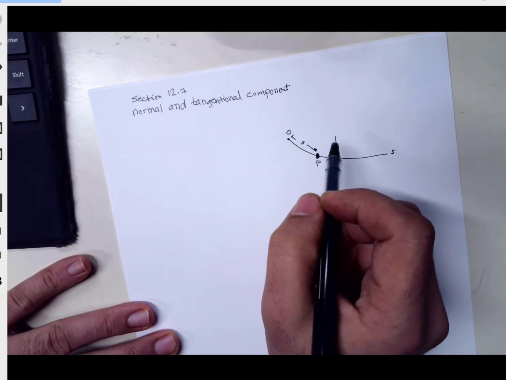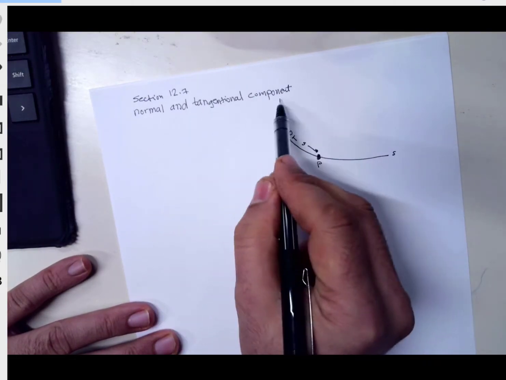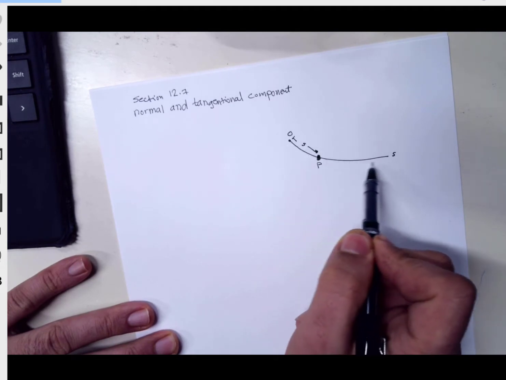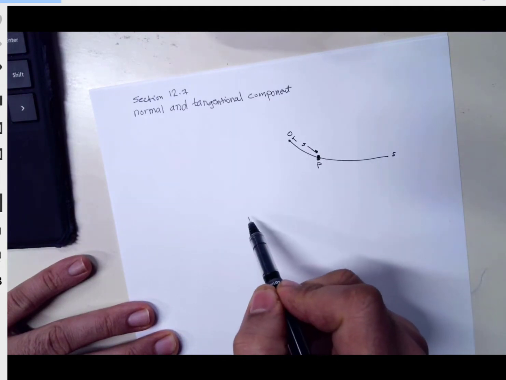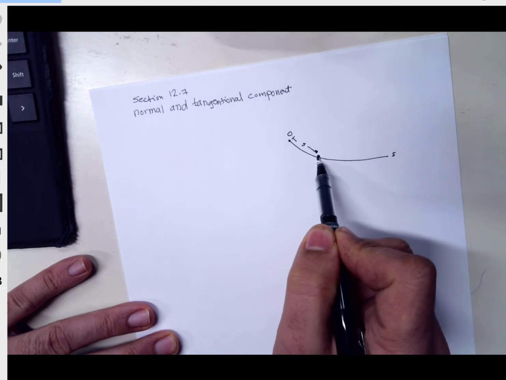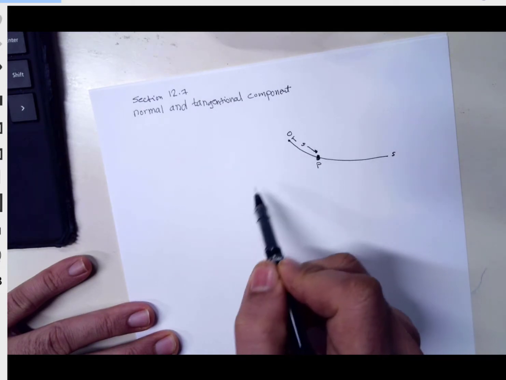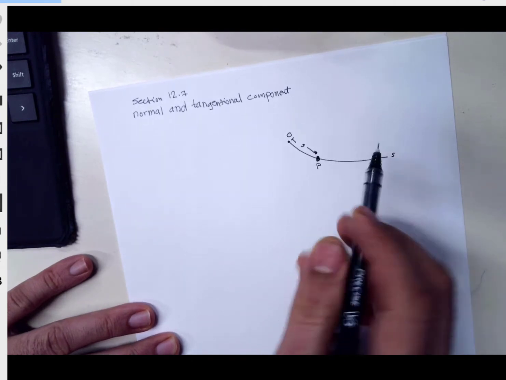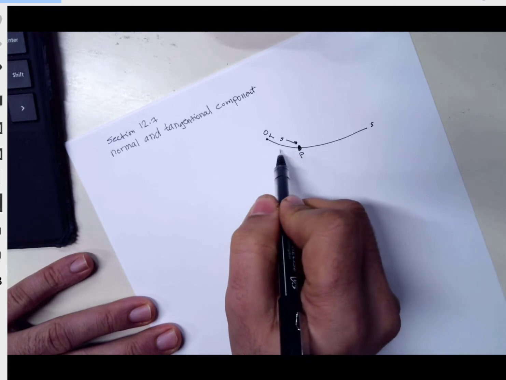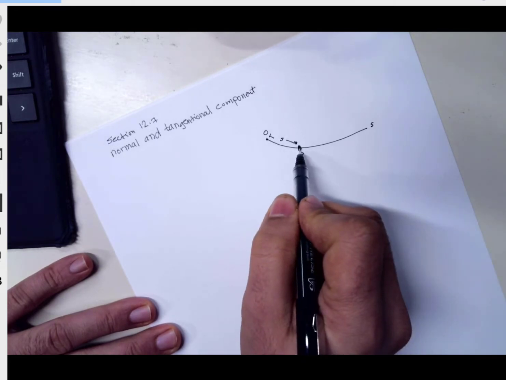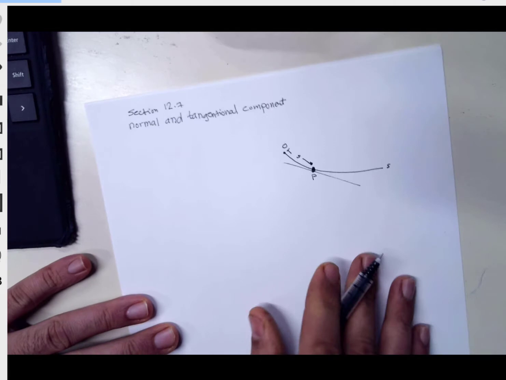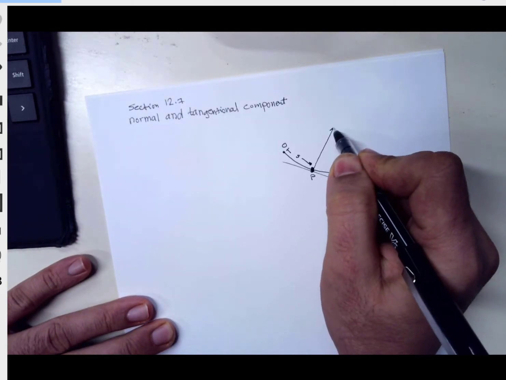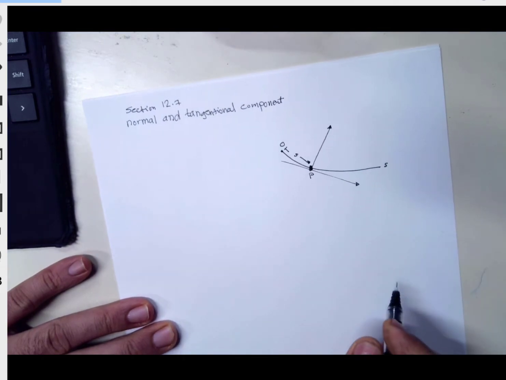Alright, so let's go into the definition of the normal and tangential components. Assume we have a particle P sliding along a curvilinear path, and the position of the particle s is measured. What I want to do is define two axes orthogonal to each other.